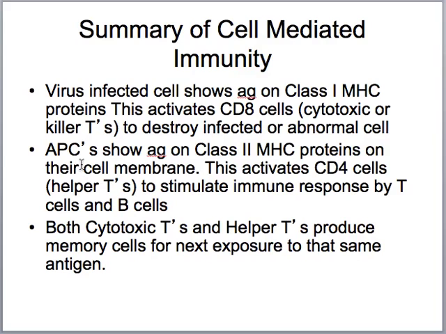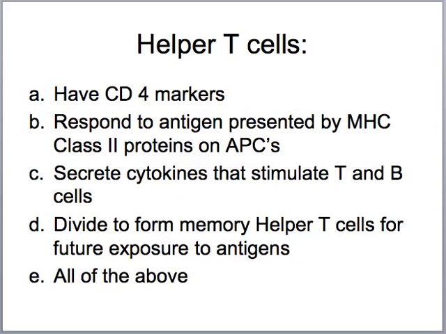The antigen-presenting cells, meanwhile, will take in the antigen and display it on class 2 MHC proteins on their cell membrane. And this will activate the CD4 cells, the helper Ts, to stimulate the immune response by the T cells and the B cells. Both the cytotoxic Ts and the helper Ts will produce memory cells for the next exposure to that same antigen down the road.